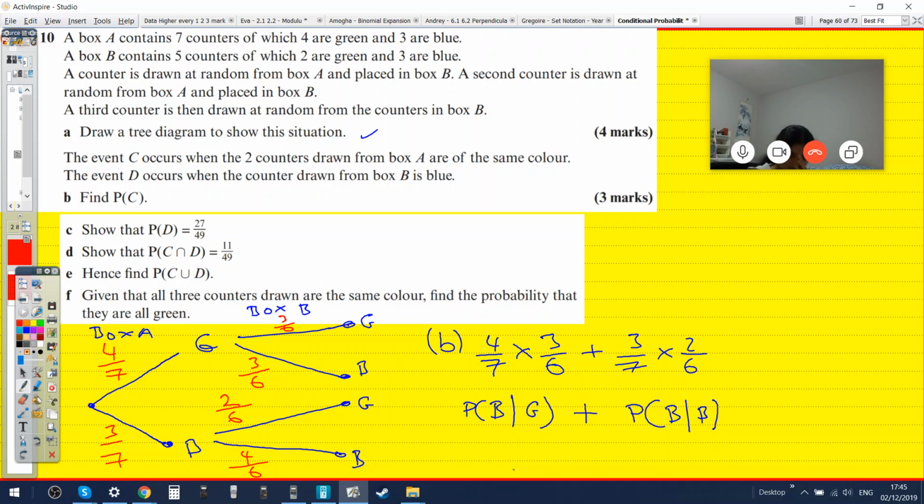Show that the probability of D, when the counter drawn from box B is blue. So is it just 4 over 7 times 3 over 6 plus 3 over 7 times 4 over 6?